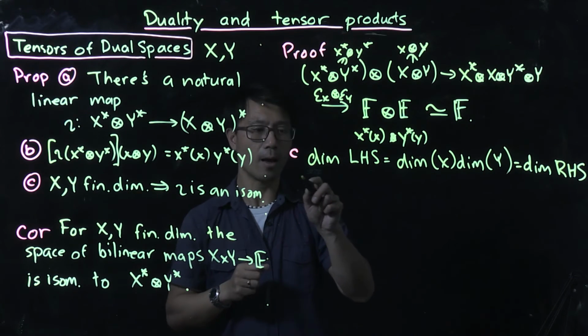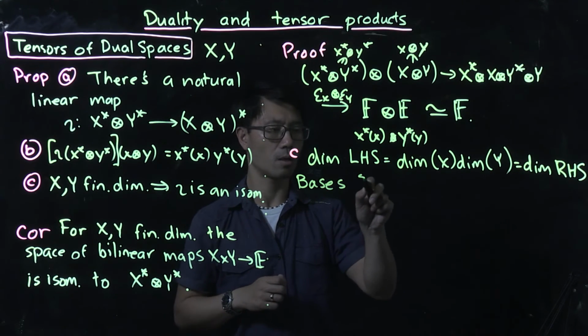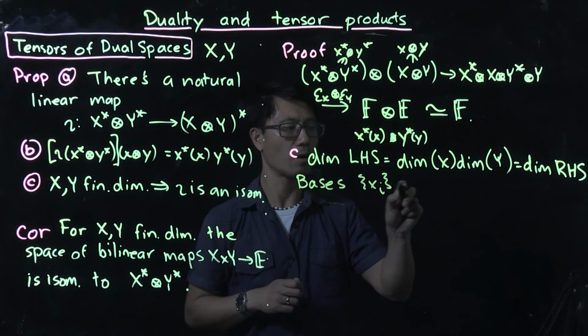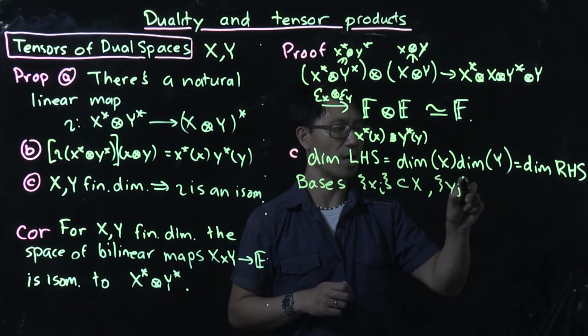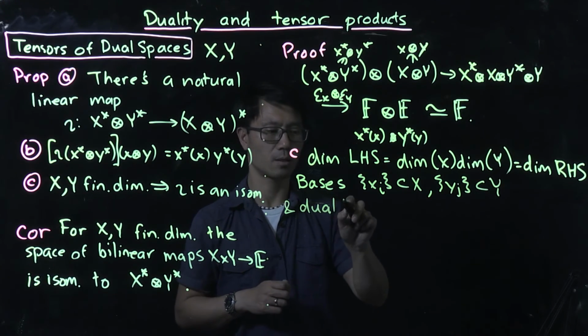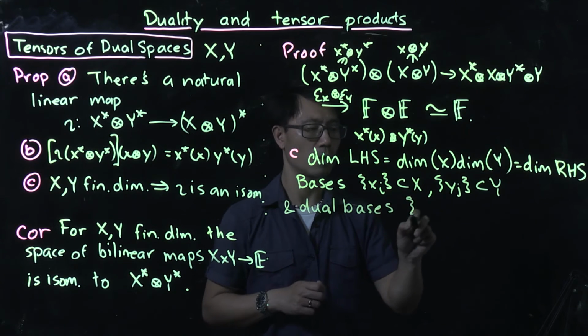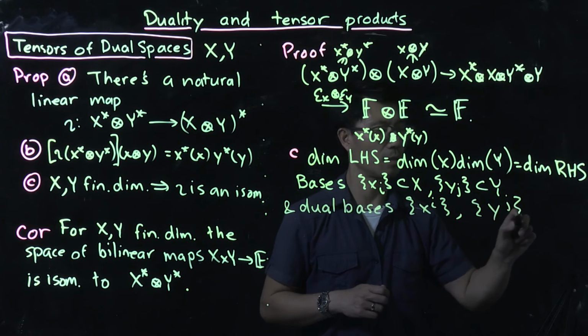So we'll consider bases, say x lower i for x and y lower j for y, and dual bases x upper i and y upper j.